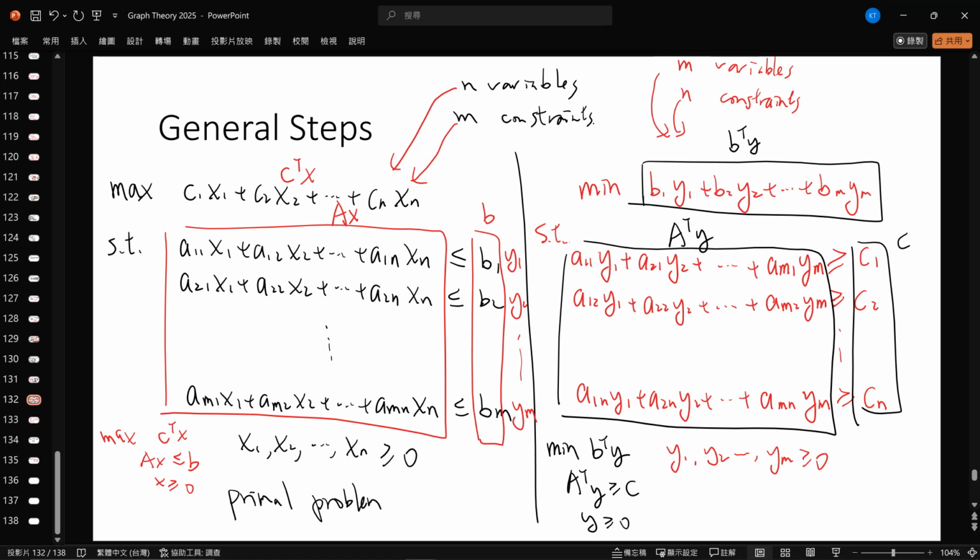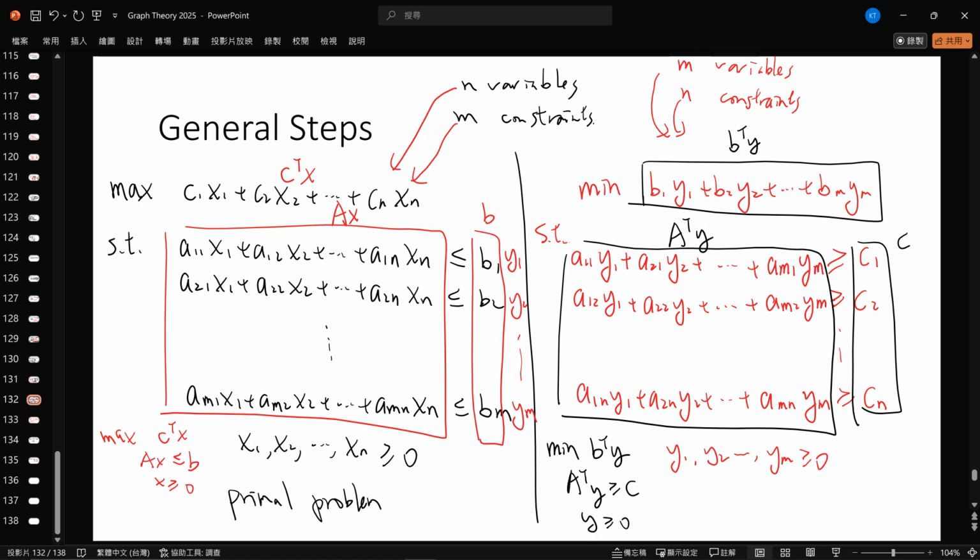So this is Ax, and Ax is at most b, where b is the column vector consisting of all the right-hand sides of the constraints. The objective function is the inner product of c and x.